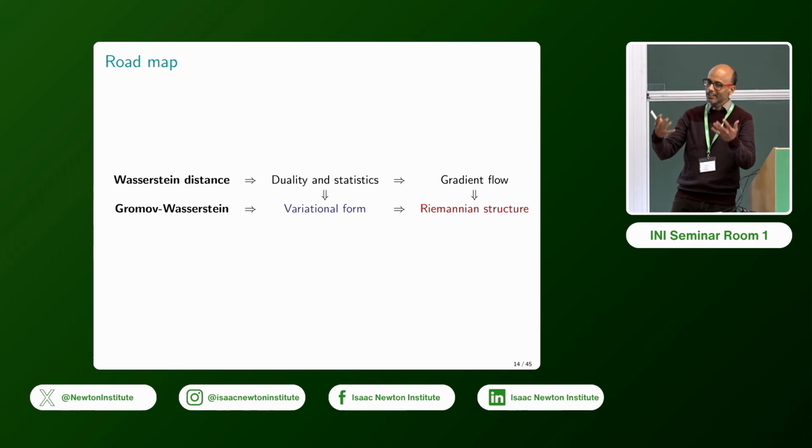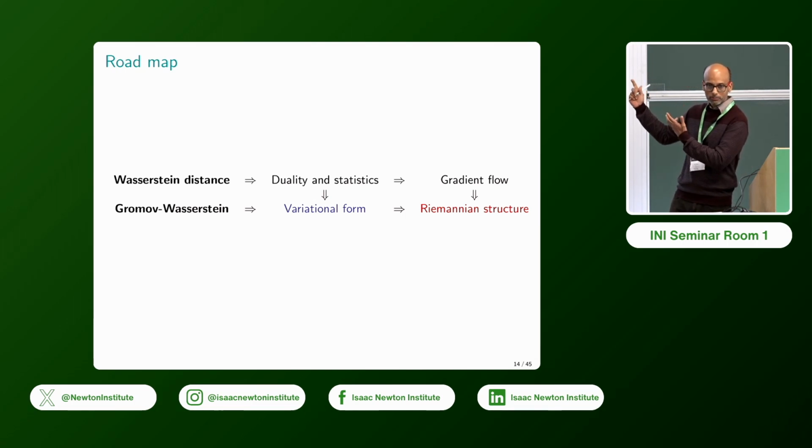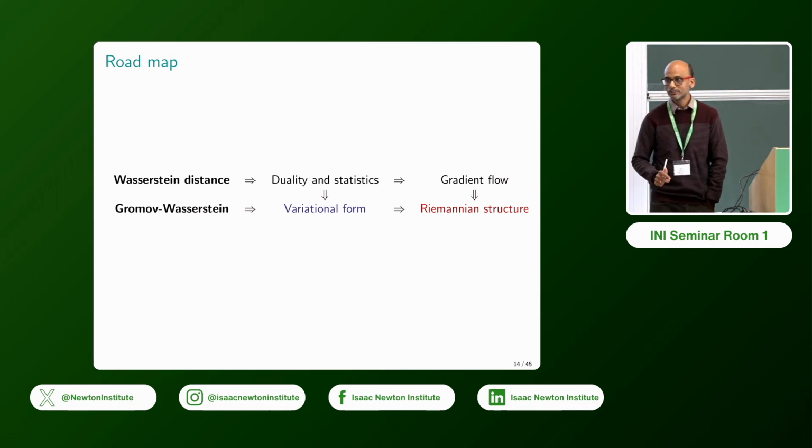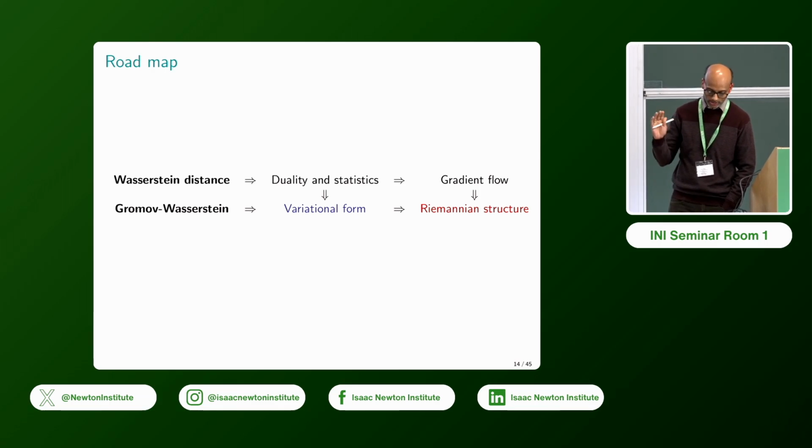Because of the way GW is posed, it's not classical optimal transport, but it has a quadratic form in terms of pi. Because of the feel of OT sitting in there, you will see optimal transport appears very naturally in all these questions that we are trying to address.